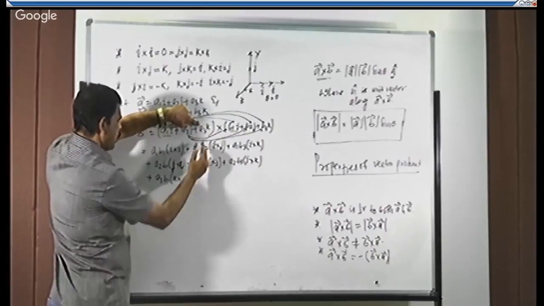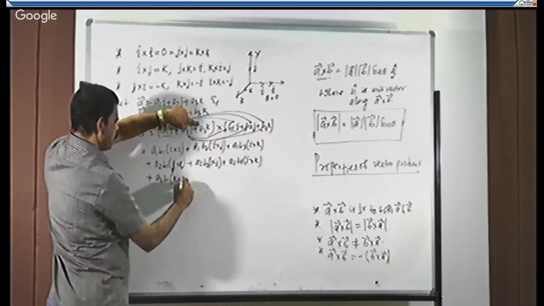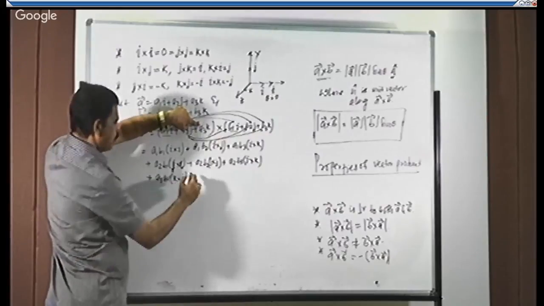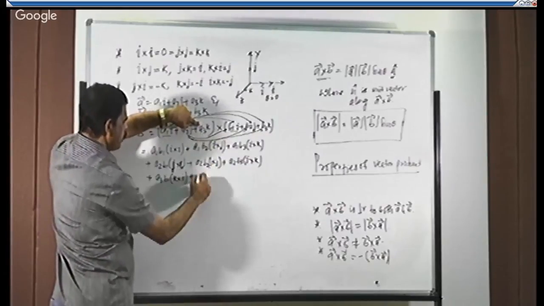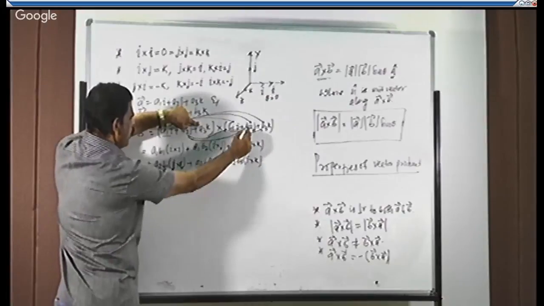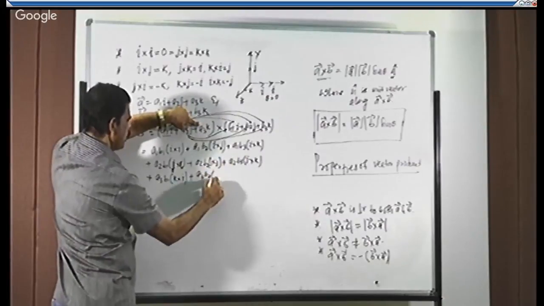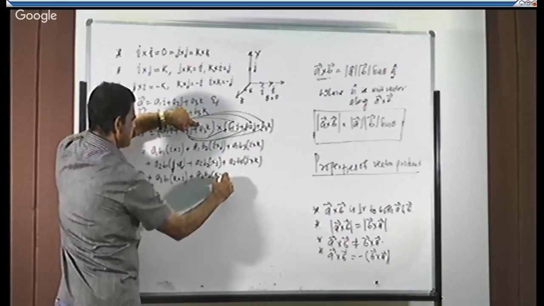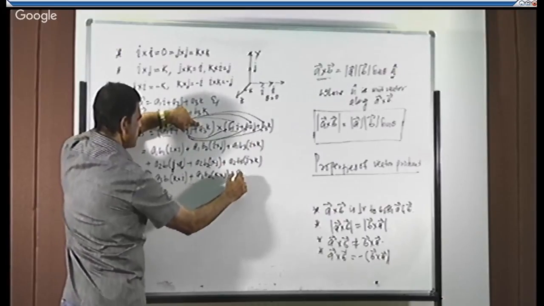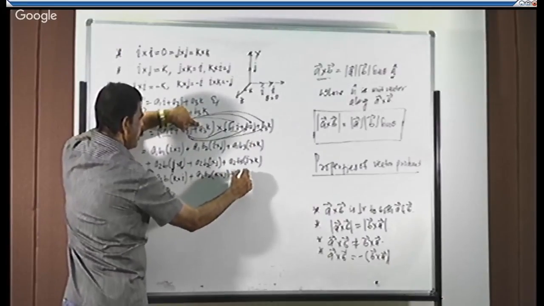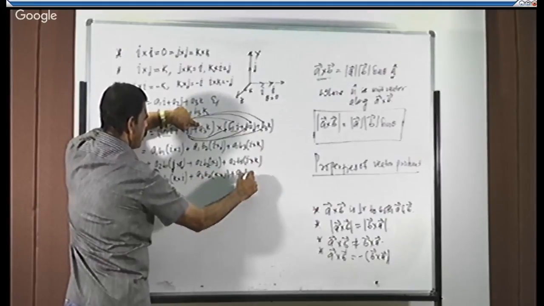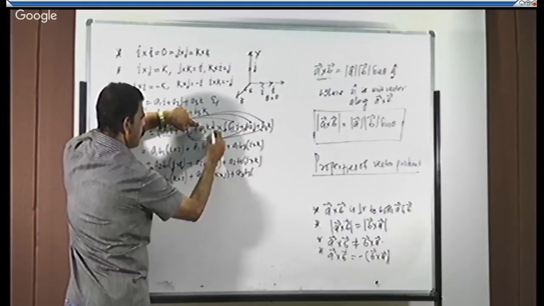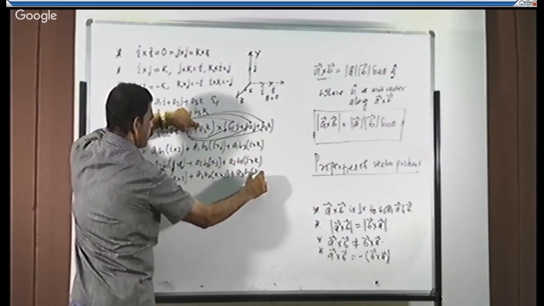K cross I. It is simple multiplication. Plus A3 into B2 into K cross J plus A3 into B3, which are the unit vectors K cross K.